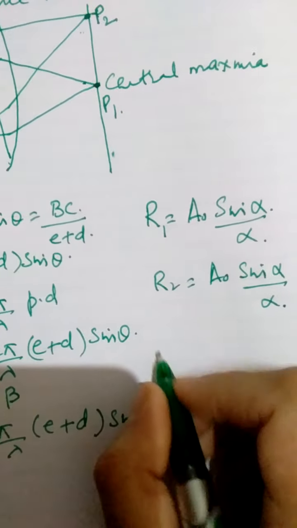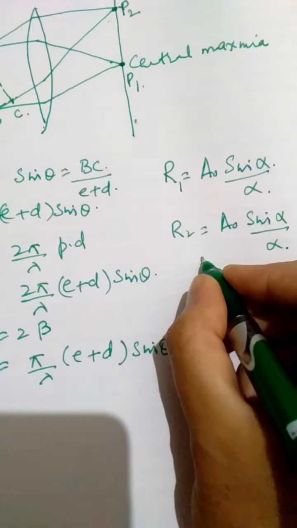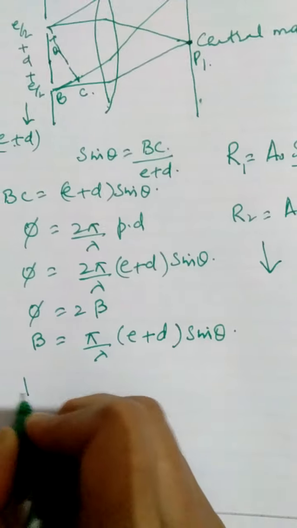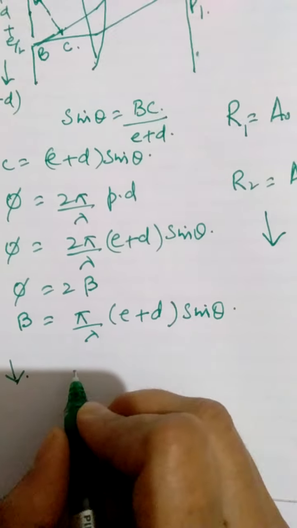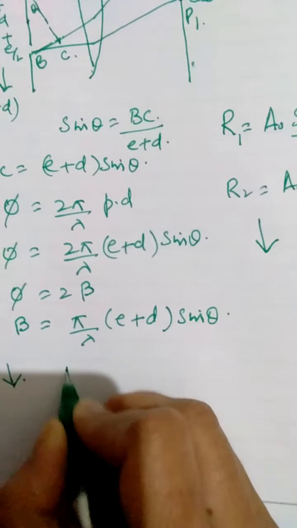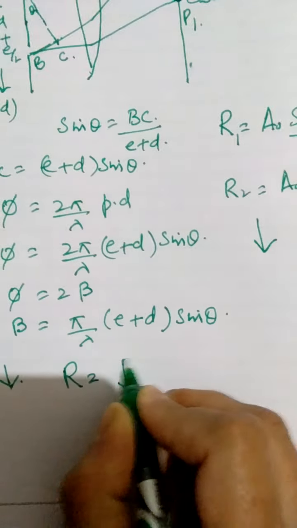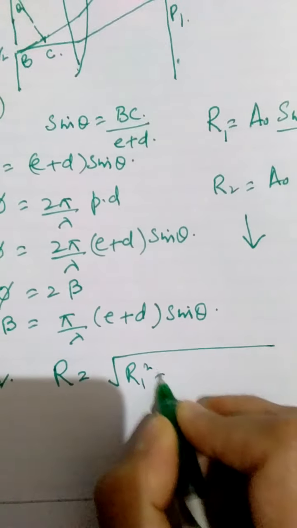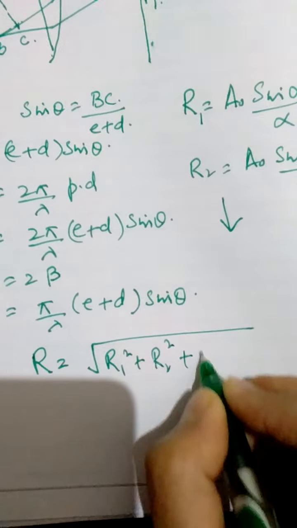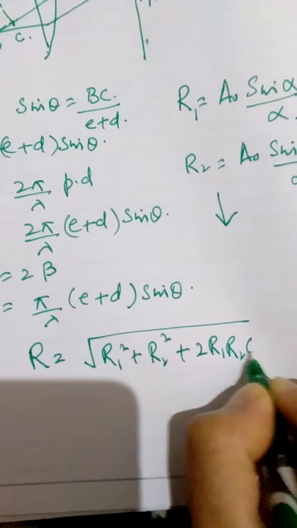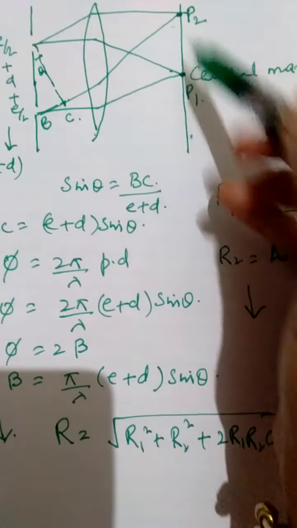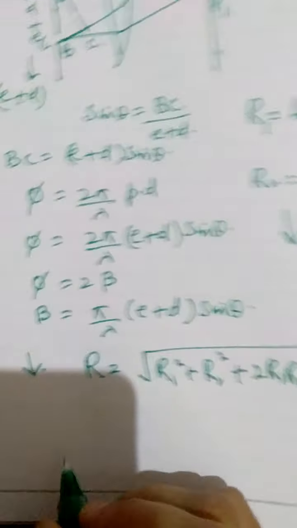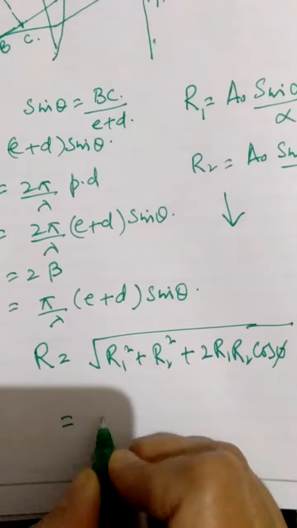Now the total intensity. If you recall Young's double slit experiment, how do we find the resultant intensity or the resultant amplitude? The resultant amplitude is the square root of R1 squared plus R2 squared plus 2 R1 R2 cos phi, where phi is the phase difference between these two, right? Now what is that?